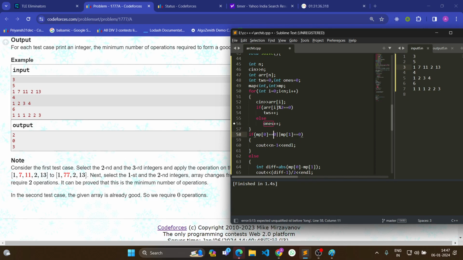What is the error? I'm not understanding. What is this error? Let's move on.